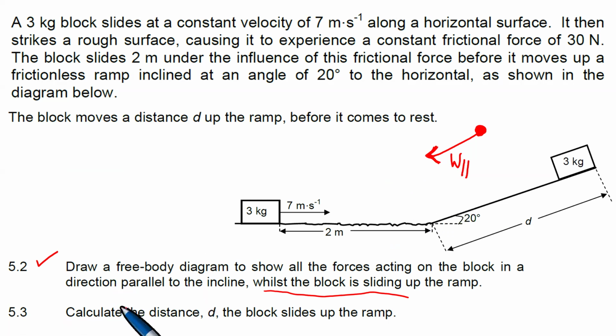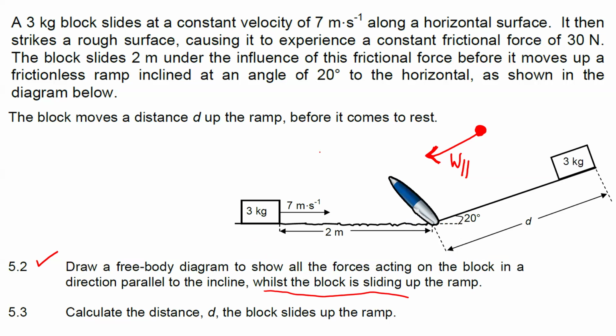So draw a free body diagram to show all the forces acting on the block in the direction parallel to the incline, whilst the block is sliding up the ramp. So it is exactly W parallel. And this is the free body diagram.